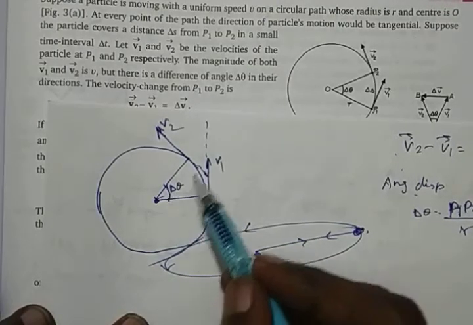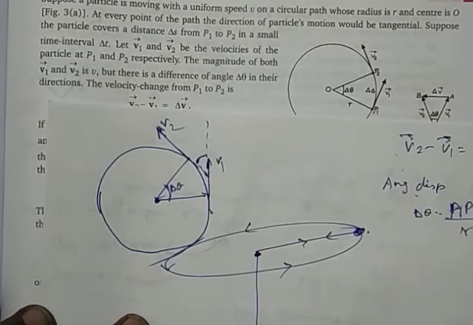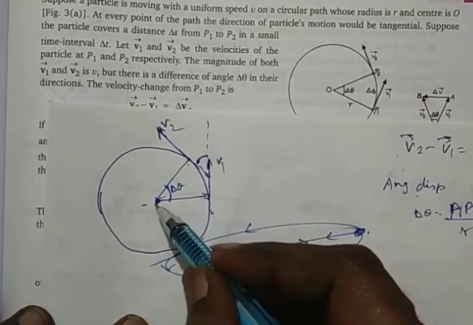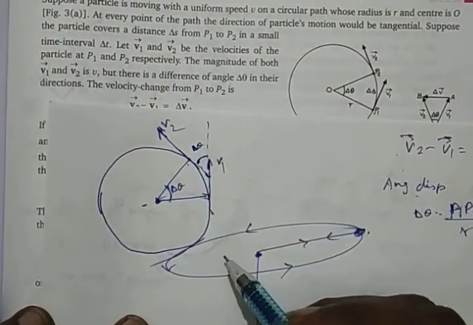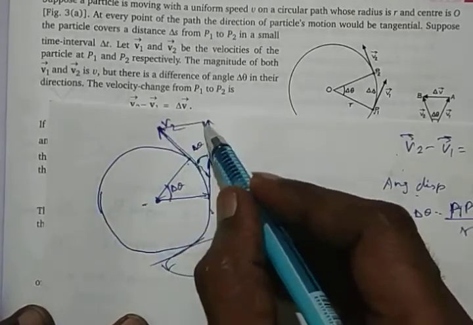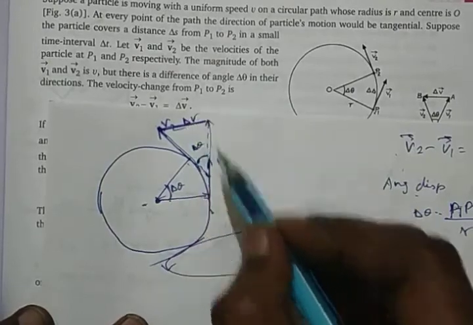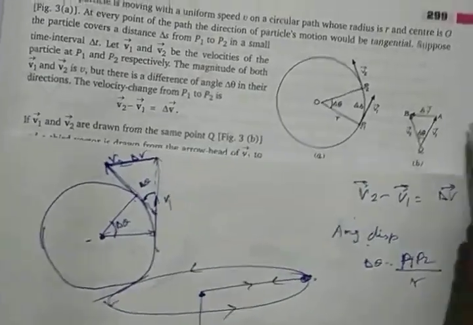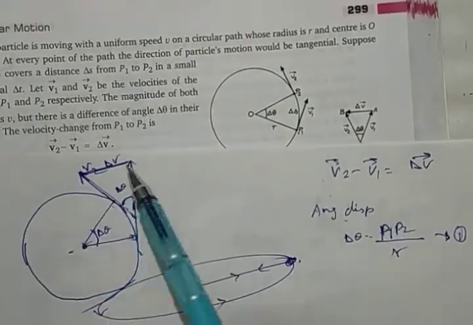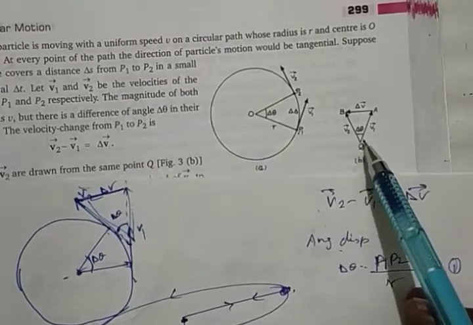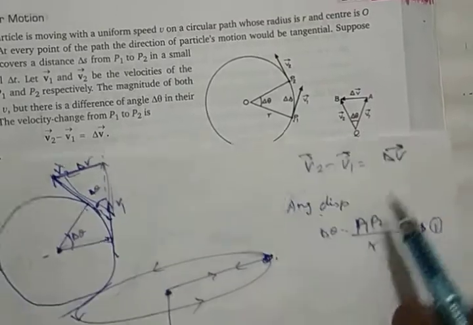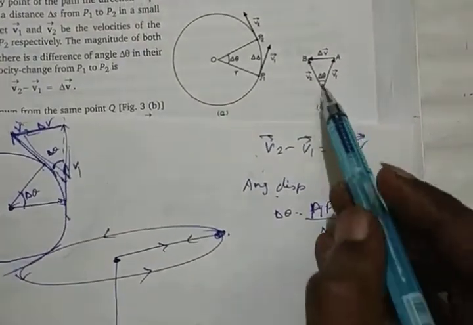This theta means the exterior angle of a quadrilateral. This is going to be delta theta itself. Now this is v1 vector and this is v2 vector. What is this one? Delta v. So look at this diagram. That's what they have drawn here separately. I just made it here itself. They have removed this triangle and drawn it separately. v1 vector is A and v2 vector is here, and then that is delta v. So what is the angular displacement keeping this triangle?